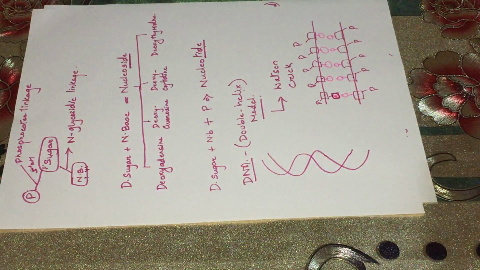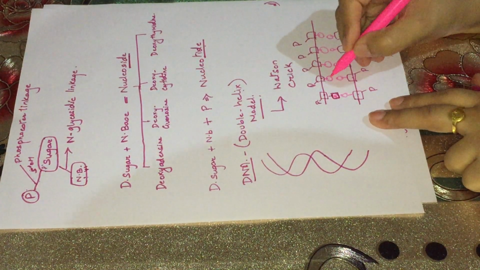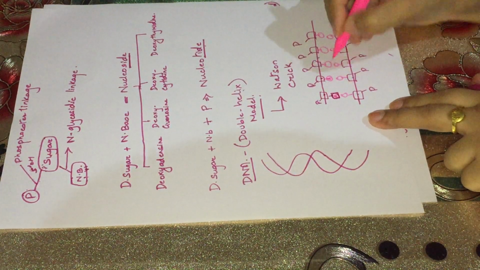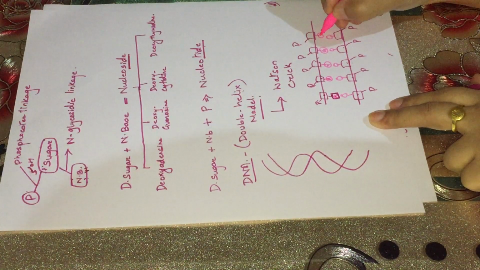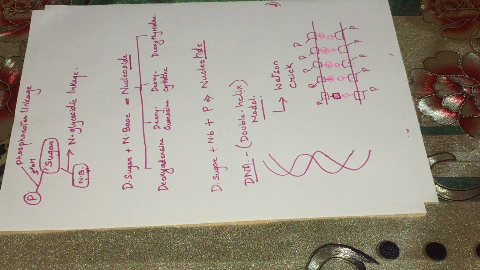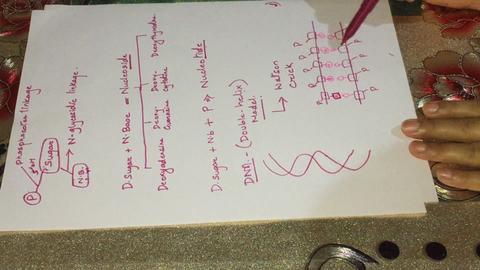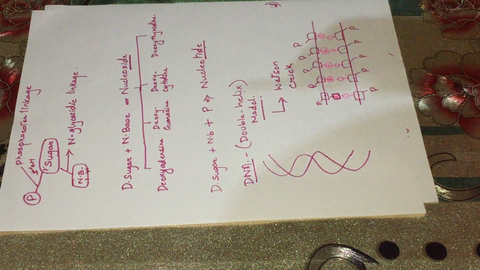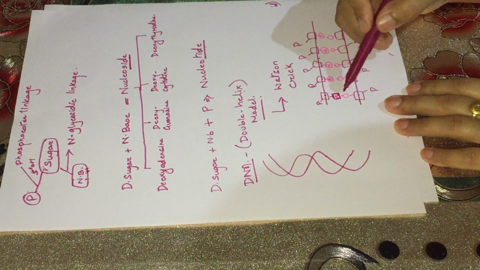Okay, so these are two strands of DNA. The nitrogenous base can be any, say A, suppose T, if this is G, this is C. Now, very important, when these two strands of DNA come together, adenine always pairs with thymine.